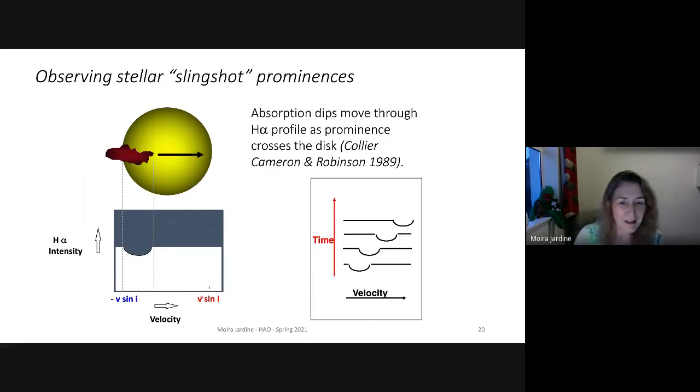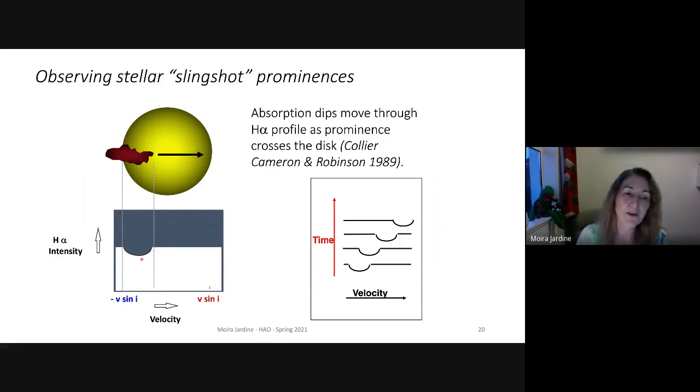And underneath here is a part of the stellar spectrum. This is where we see H alpha. On these stars, H alpha is filled in almost to a continuum, so it's almost flat. But this prominence here is scattering H alpha photons out of the line of sight. So when it's here, it's scattering out photons that were coming towards us, because this part of the star is coming towards us.